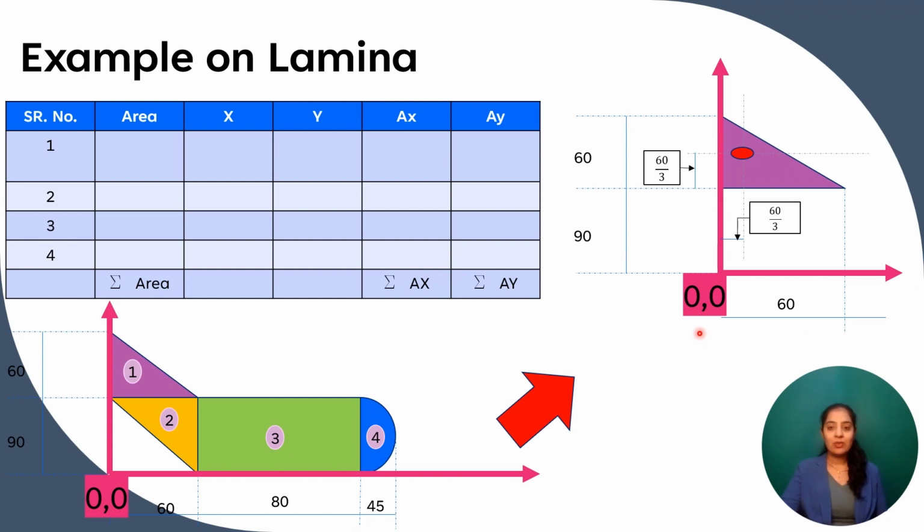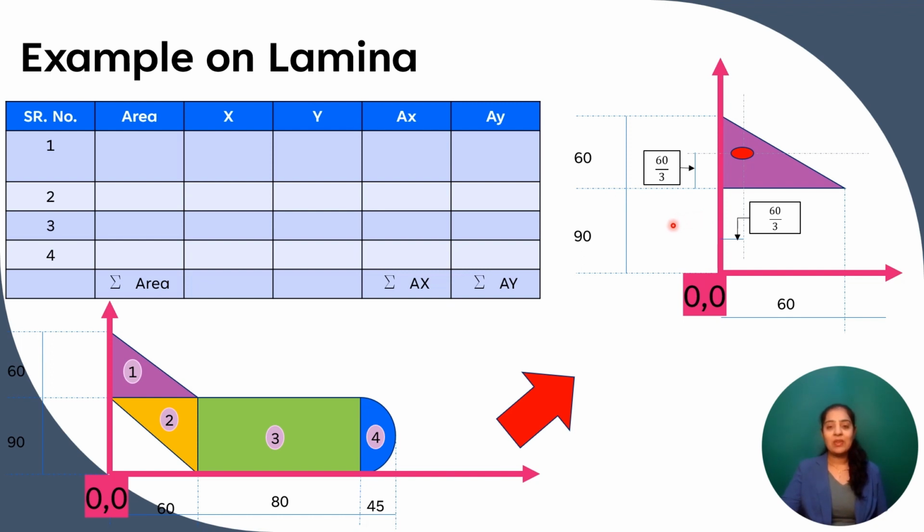Can you see this triangle of base 60, height 60, but it is at a distance of 90 from the y-axis.